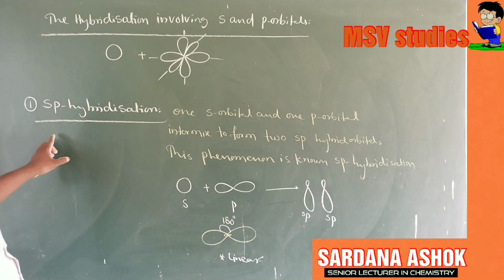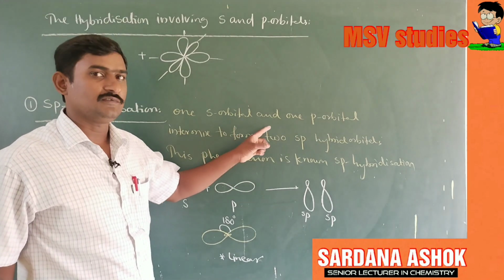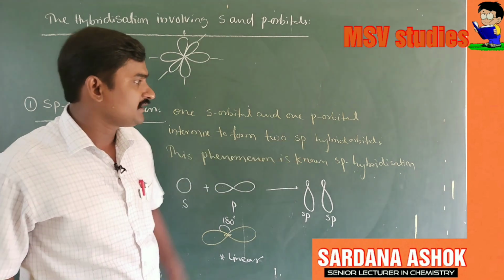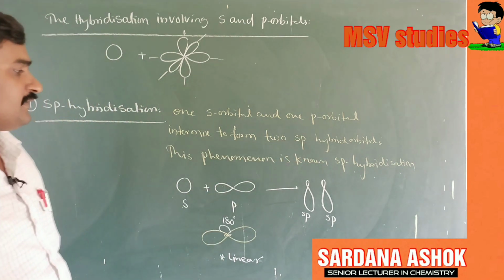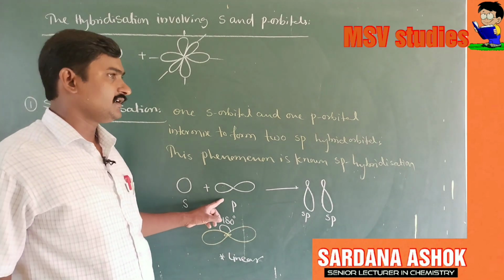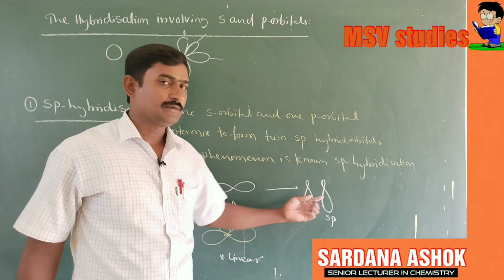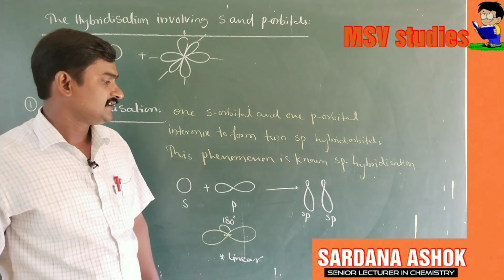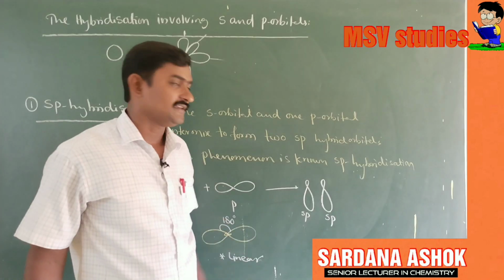So what is sp hybridization? One s orbital and one p orbital intermix to form two sp hybrid orbitals, and this phenomenon is known as sp hybridization. The two new orbitals have equal size and equal energies. These hybrid orbitals are represented as sp and sp.